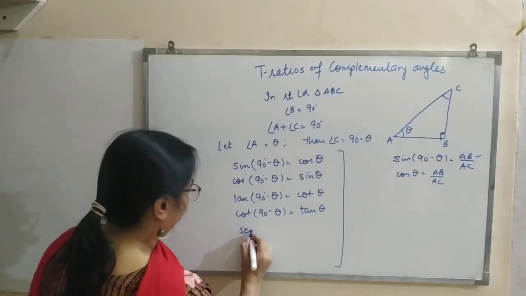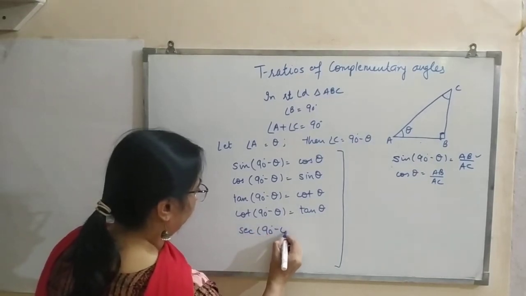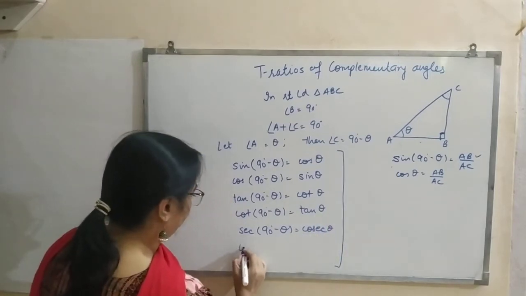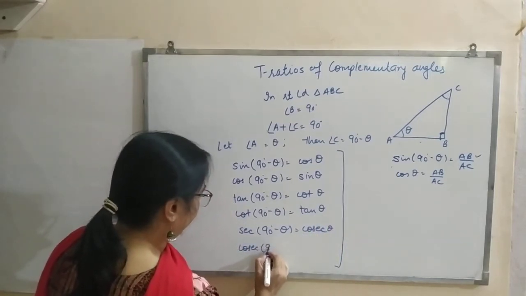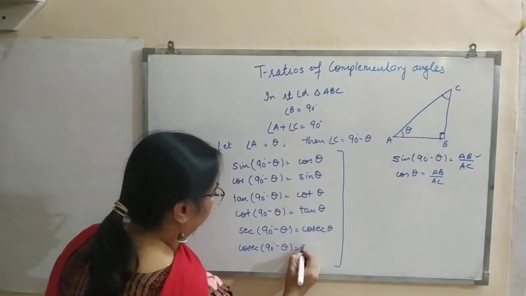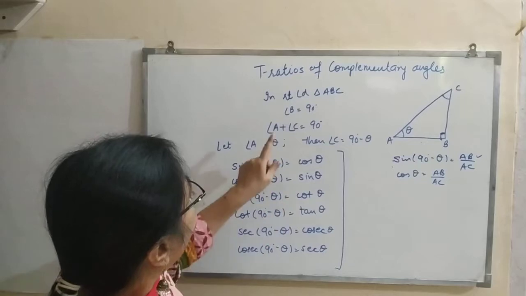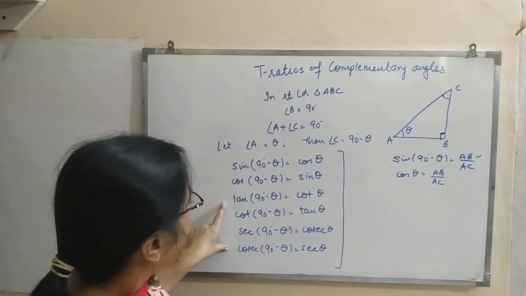Similarly, secant of 90 minus theta is cosecant theta, and cosecant of 90 minus theta is secant theta. These are the results for complementary angles, T ratios of complementary angles.